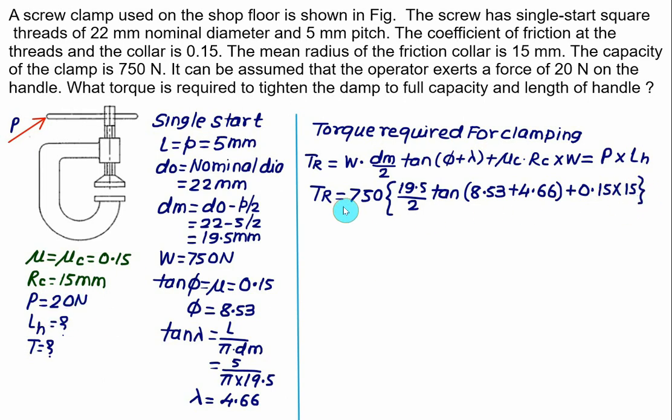Using this we can calculate the required torque TR. So we get the torque TR close to 3402.3 Newton mm.